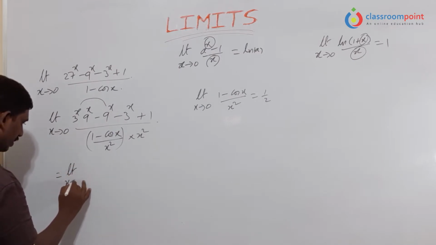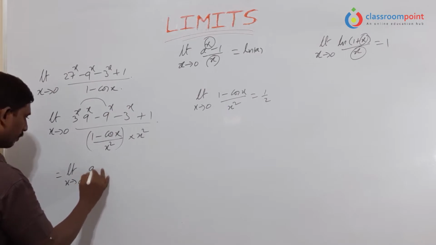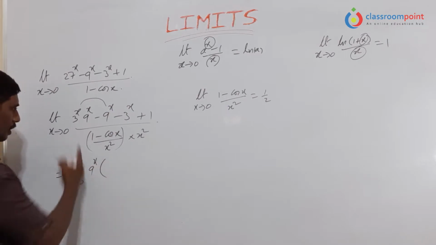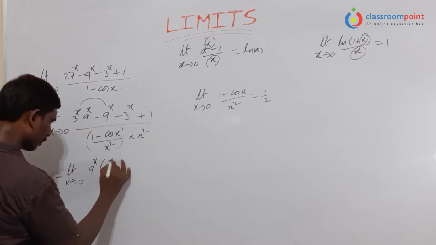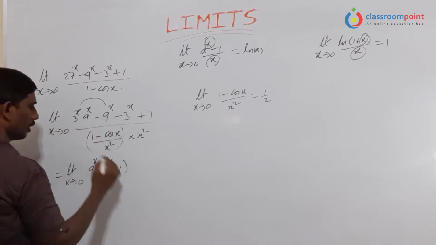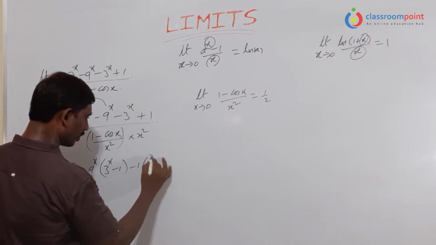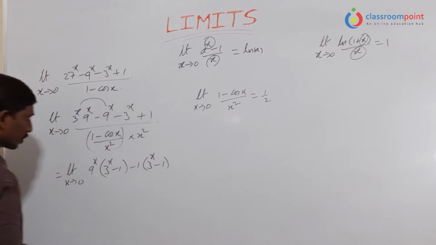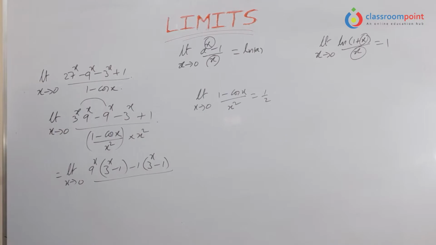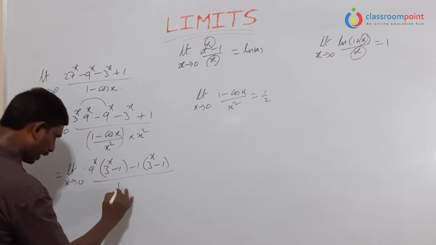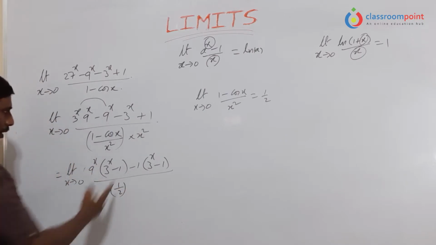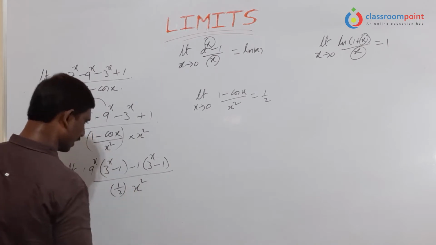Limit x tends to 0, 9 power x outside, 3 power x minus 1. Next, from these two I am taking minus 1 outside, 3 power x minus 1, whole divided by 1 by 2, and this is x square as it is.